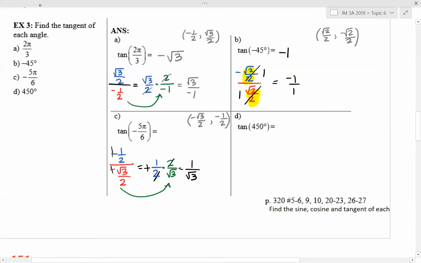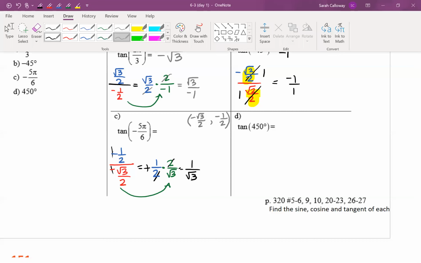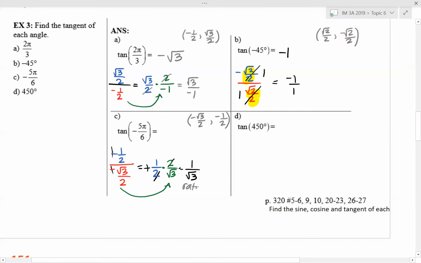So remember that we do have to rationalize any denominators, which means that I'm multiplying this by radical 3 over radical 3, so that I get the square root of 3 over 3 as my final answer. So tangent of negative 5 pi over 6 is the square root of 3 over 3.